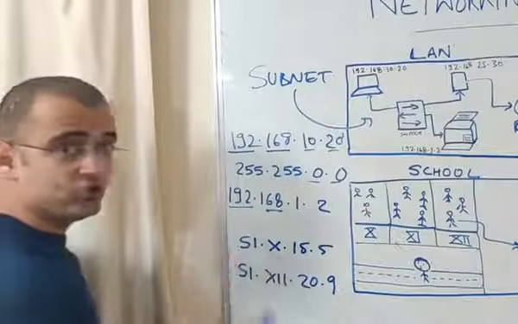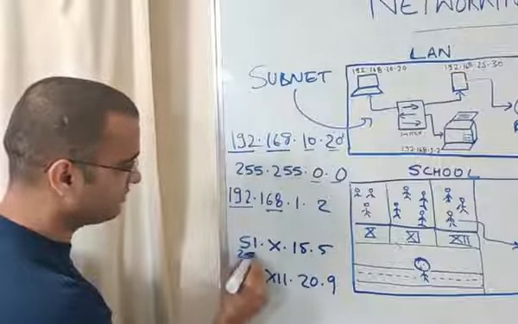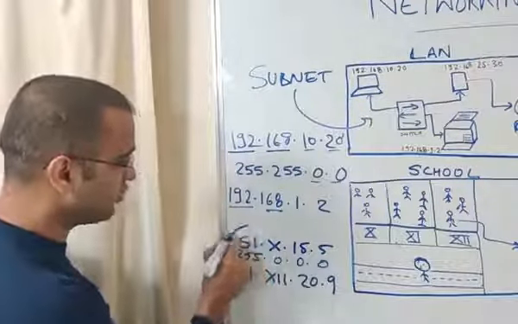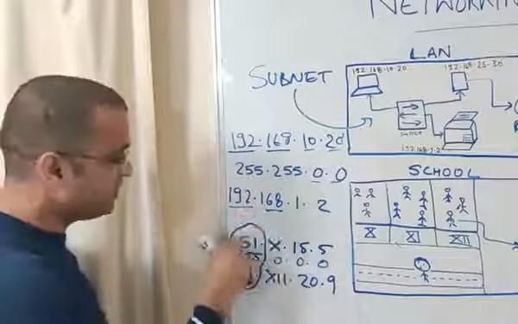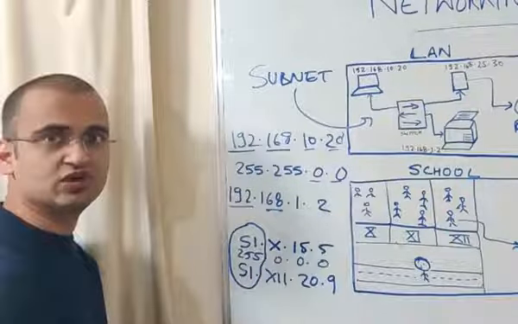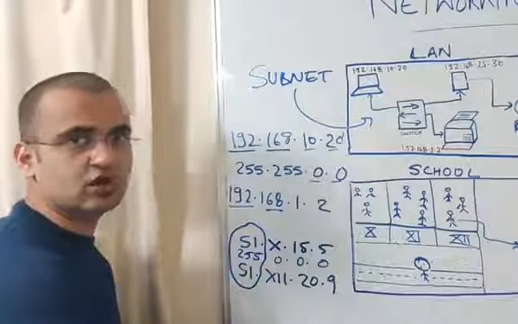So what would be the subnet range for this? You can identify. It would be 255.0.0.0 because we are only comparing the first part. If it matches with S1, that means these two students are from the same school and they can talk within this school network.